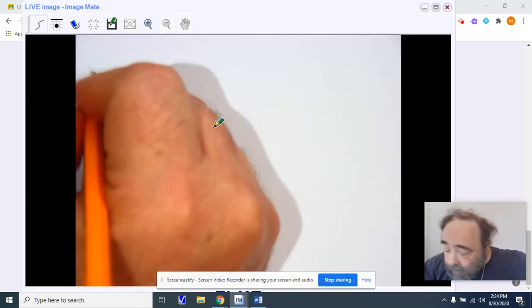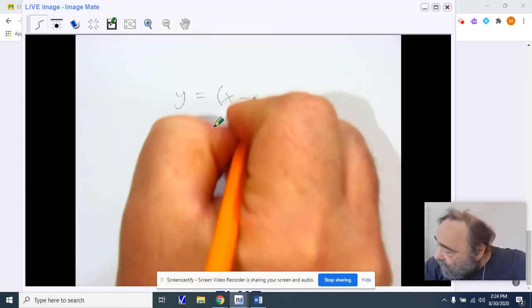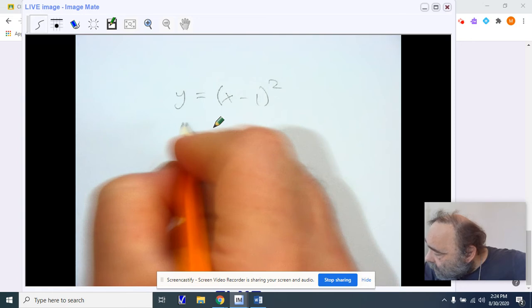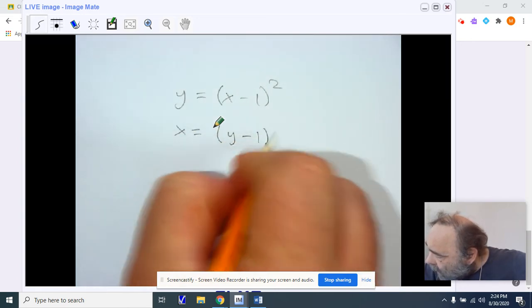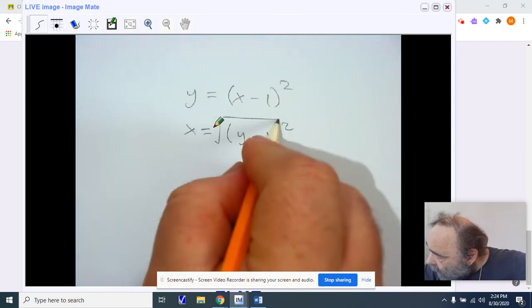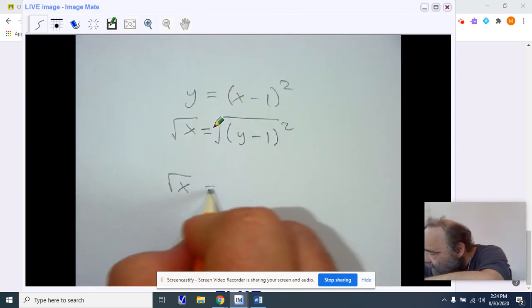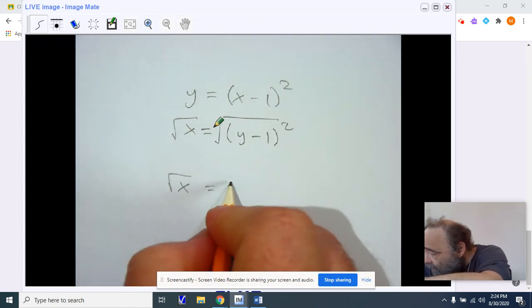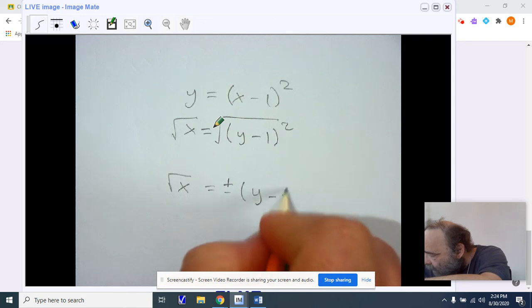Here we go. Given y equals (x minus 1) squared, x equals (y minus 1) squared. Take the square root on both sides. Square root of x is equal to, now this is giving me a plus and minus, y minus 1.